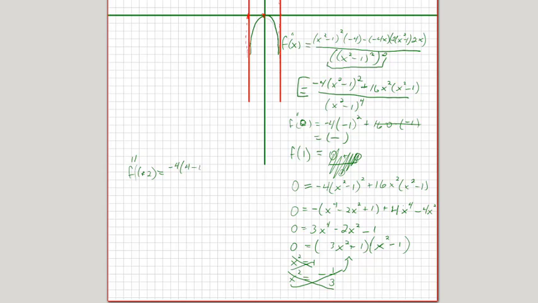This is going to be 4 minus 1 squared, and then plus 16 times 2 squared times 4 minus 1. So this is positive, this is negative, but is one bigger than the other is the question. Well, of course we get negative 12 here, and you're going to get 16 times something positive here, so that's got to be greater than 0.